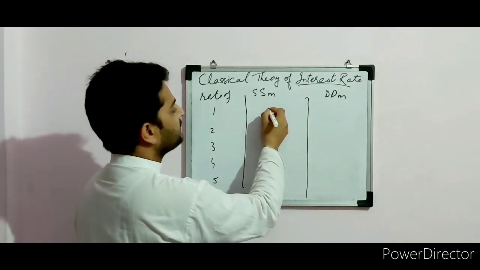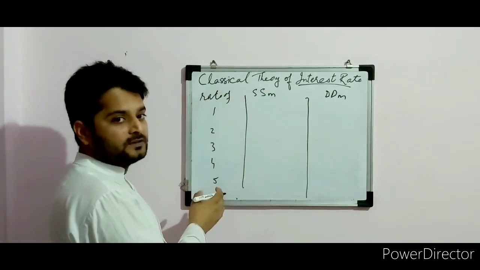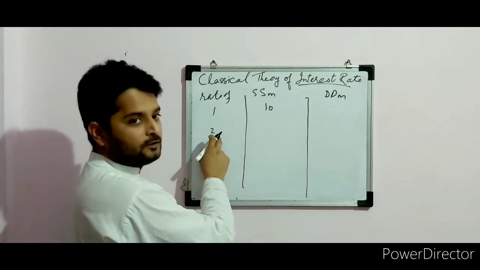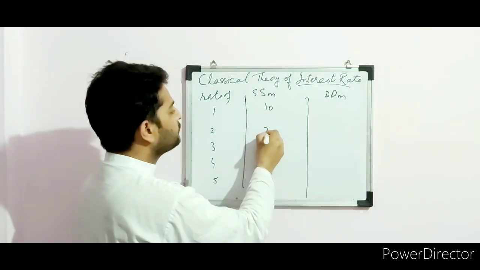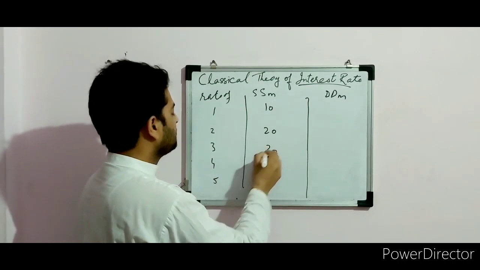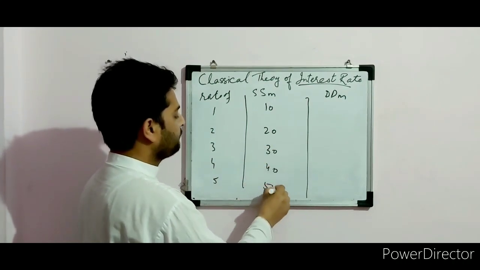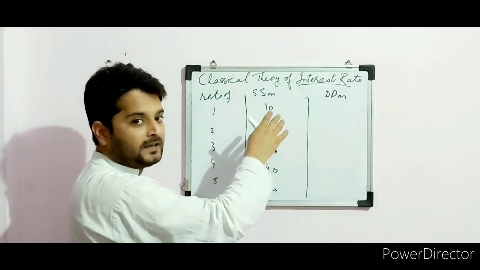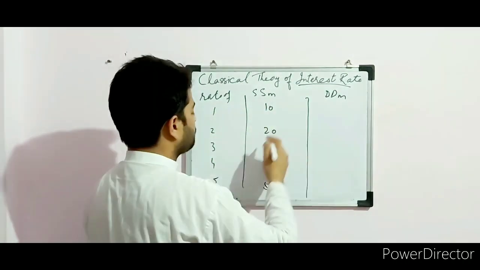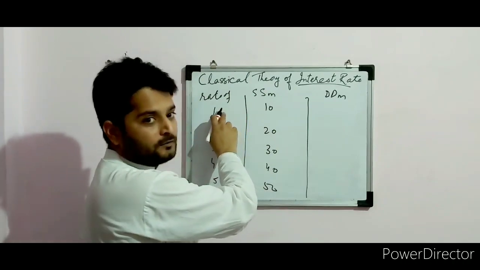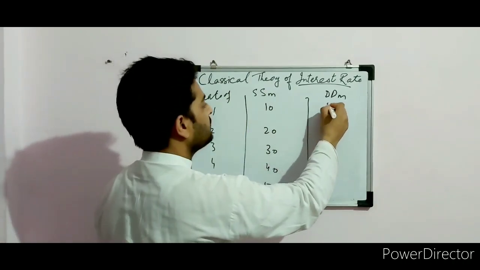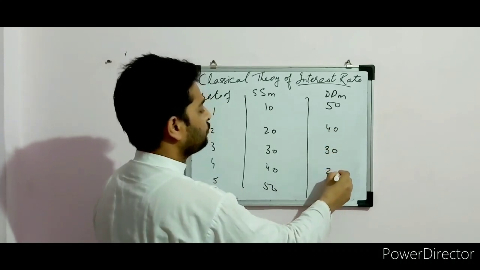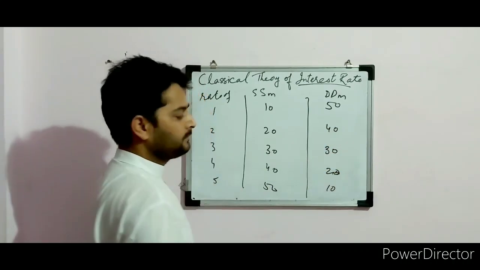Because supply and the rate of interest have a positive relationship, if the rate of interest increases, supply also increases: 10, 20, 30, 40 and 50. But the demand for money and the rate of interest have a negative relationship, so at a lower rate of interest we demand more money: 50, 40, 30, 20 and 10.